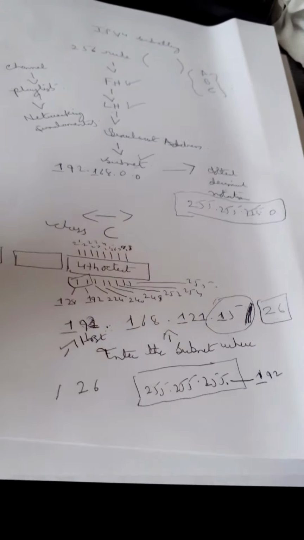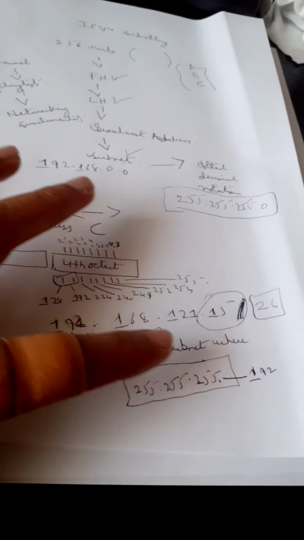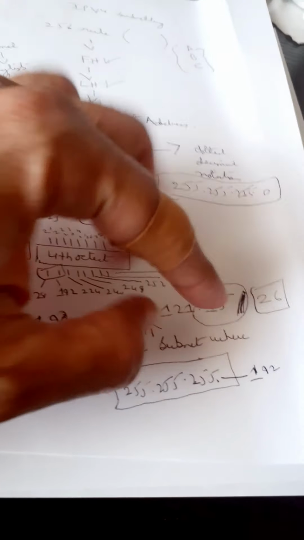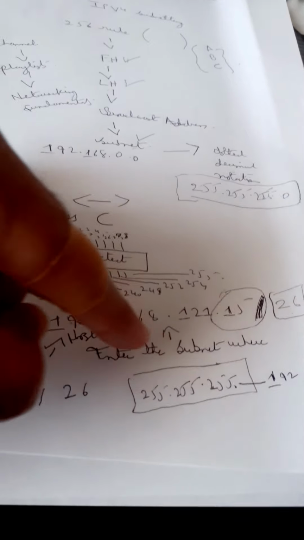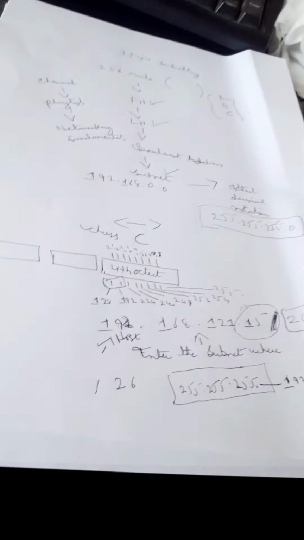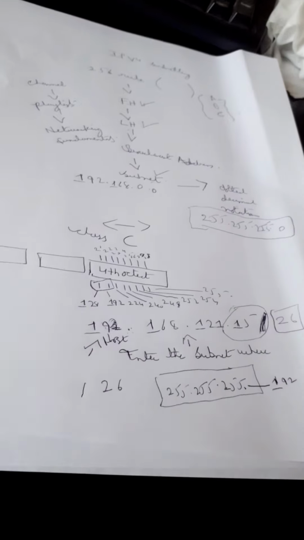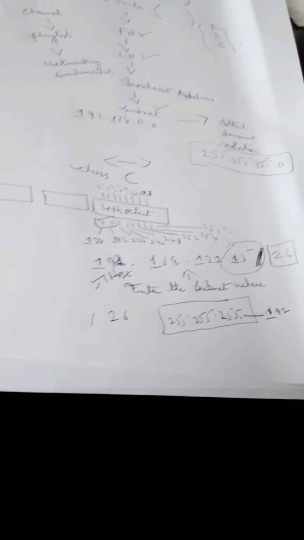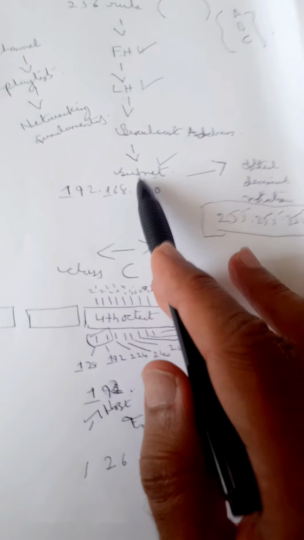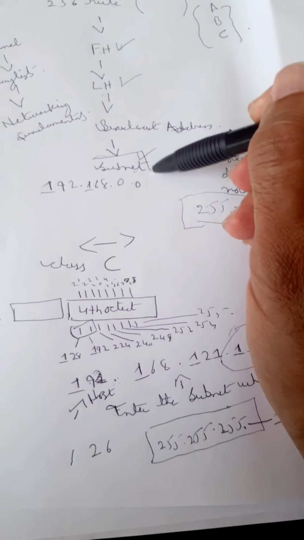So it is asking us, enter the subnet. So we have to find out the subnet where this particular host 192.168.121.15 slash 26 is. Now, just as a concern, I want you to remember, this is what I was saying in the previous video.